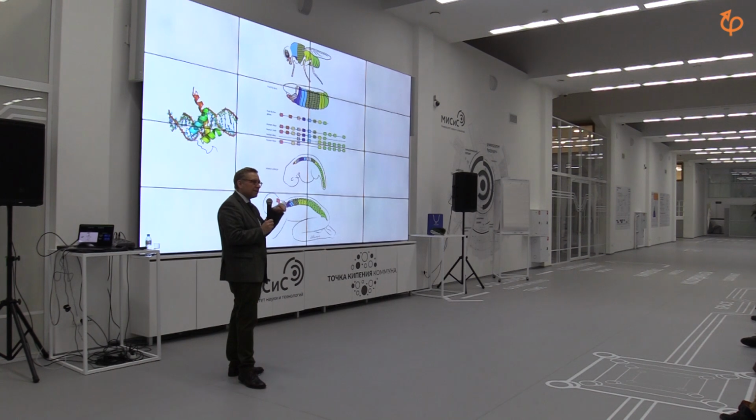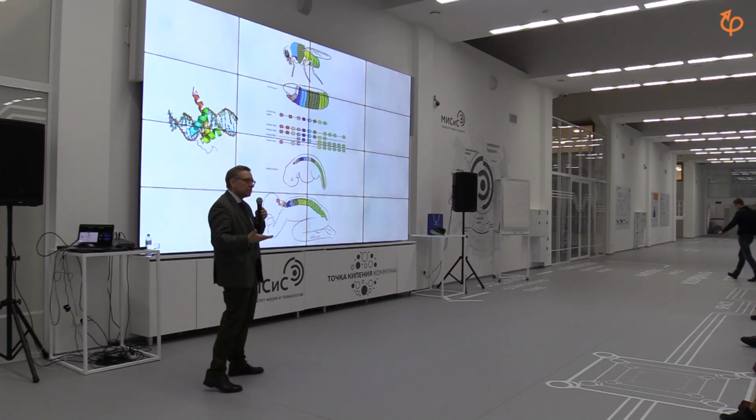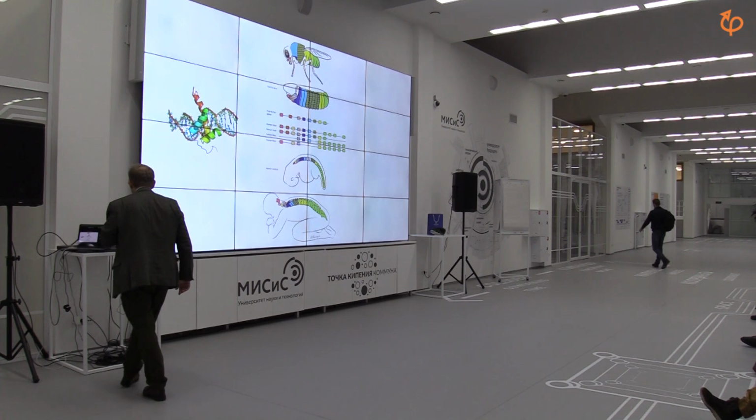And then the cells know I'm not in the brain, I'm not in the belly, I'm in the back, in the vertebrae. I will make bones. Okay, and this is how the information is transferred to the cells in this process.